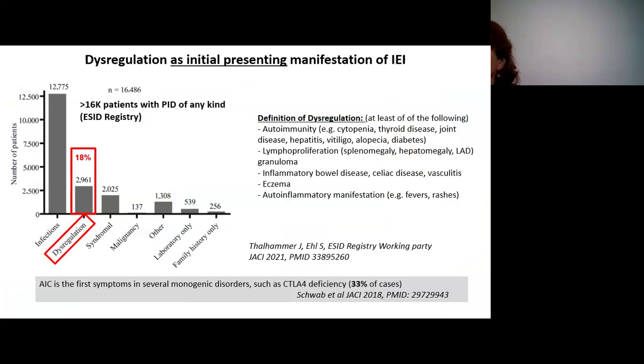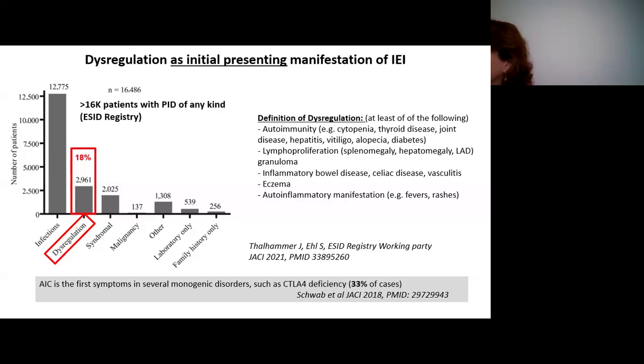They looked at patients with autoimmunity, cytopenia, thyroid disease, joint disease, vitiligo, alopecia, things that we may not even think of as an important feature of our patients, as well as lymphoproliferation, splenomegaly, lymphadenopathy, inflammatory bowel disease, eczema, and autoinflammatory manifestations. So when you go out and talk to patients and families and providers, you have to think of immunodeficiency as no longer just infection, but maybe somebody who just had Evans syndrome. That means they have cytopenias, ITP, and hemolytic anemia back to back or at the same time.